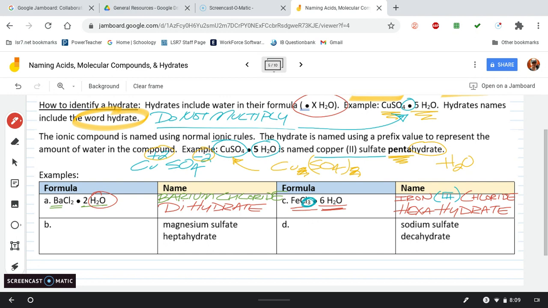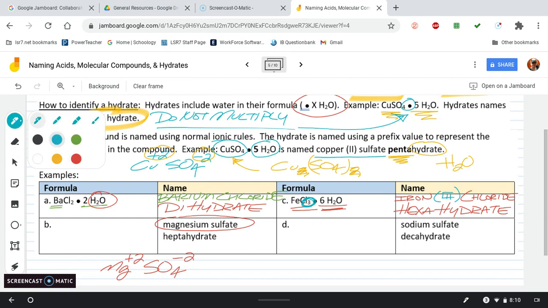Okay, magnesium sulfate heptahydrate. So we're going to have to crisscross these two. Put it down here, it's going to be Mg plus 2, and sulfate, you can look it up on your chart, SO4 minus 2. So it's a 2 and a 2, plus 2 minus 2. We want to remember that these guys are going to cancel. So it's going to be MgSO4.